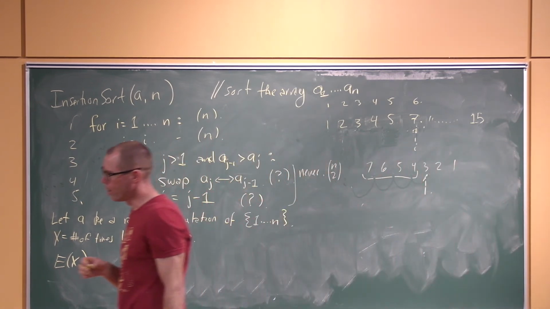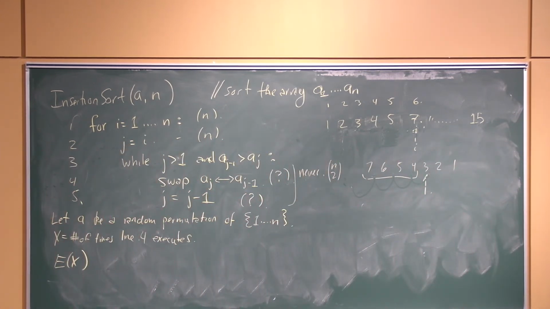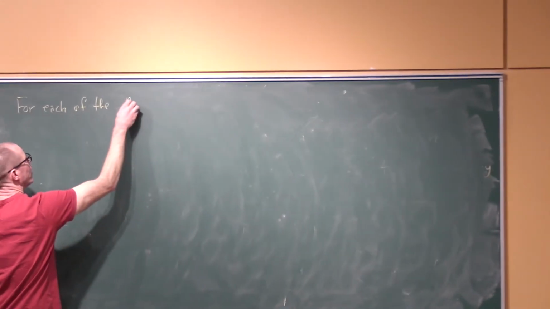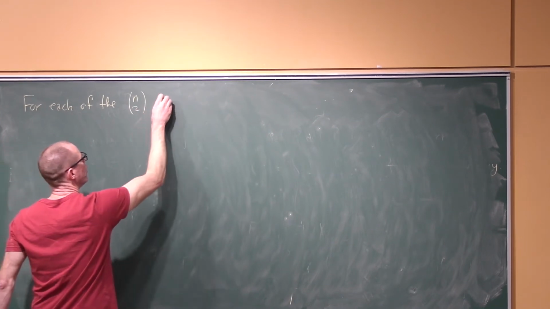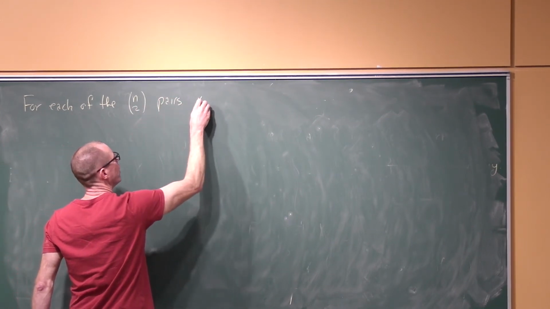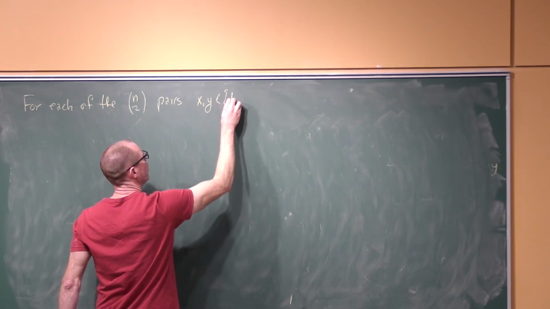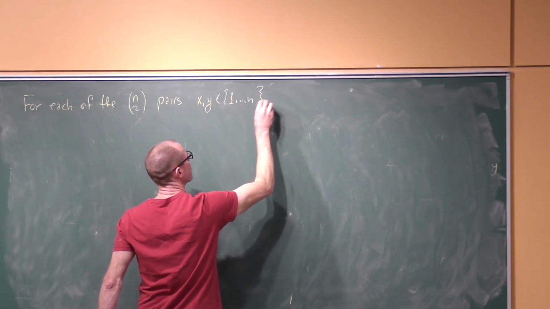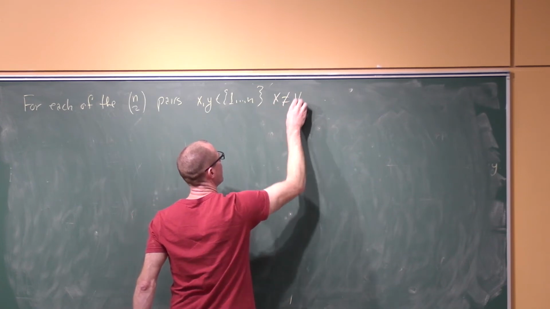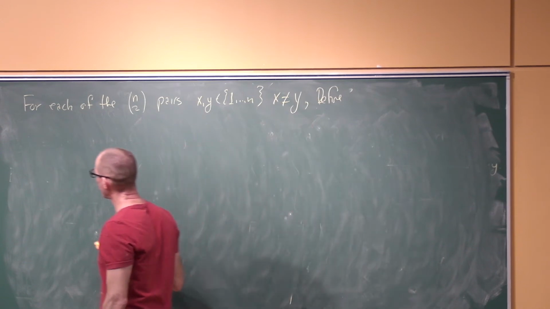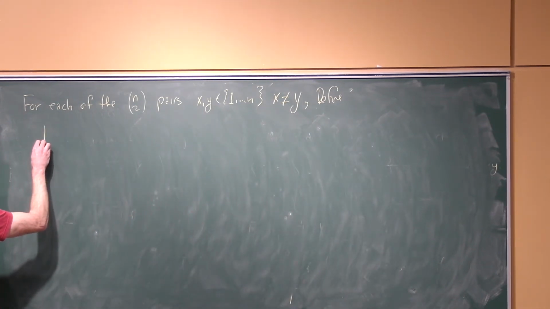So if we just think about what that means over all the pairs of numbers, for each of the n choose 2 pairs x, y in 1 to n, with x not equal to y, define an indicator variable.